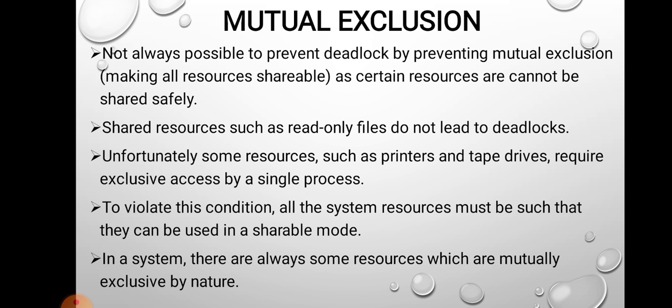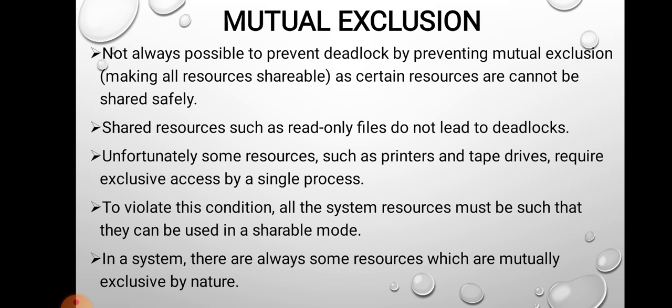For example, read-only files are a good example of shareable resources. If several processes attempt to open the read-only file at the same time, they can be granted access simultaneously.